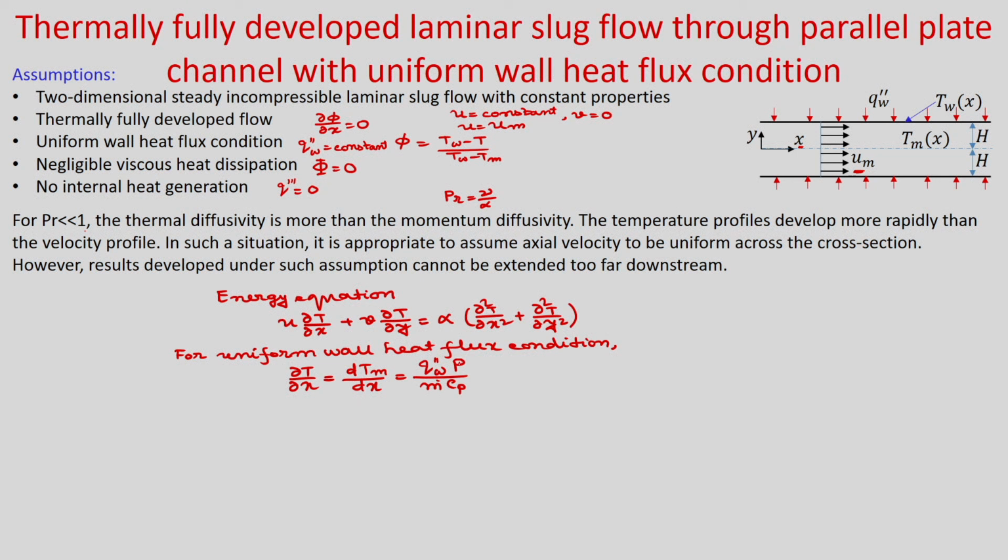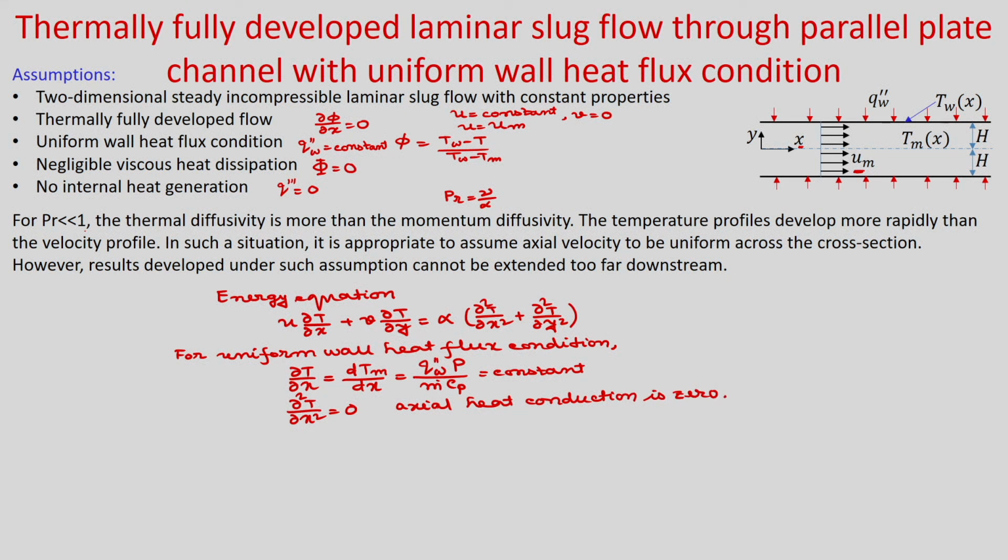If you have a constant cross sectional channel, then p is also constant, m dot is constant, c p is constant. So, this will be constant. Hence, del 2 T by del x square will be 0, because del T by del x is constant. So, for this particular case, your axial heat conduction is 0.